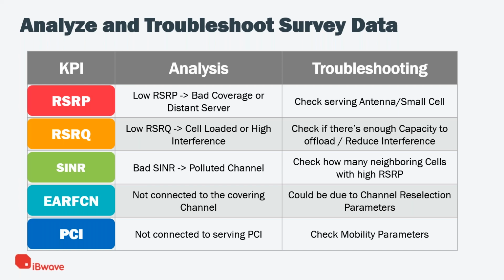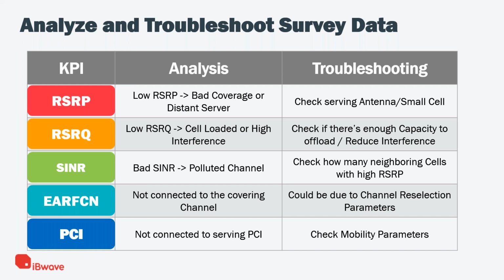Maybe the area you are in has another channel with better parameters, better RSRP, better RSRQ, and this is why your device is connected to that channel. There may be nothing wrong with it, it's just that the other one is better. So this is why you need to check those channel reselection parameters, and you define which one is the priority to connect to, and then you may understand why it's connecting to that one.